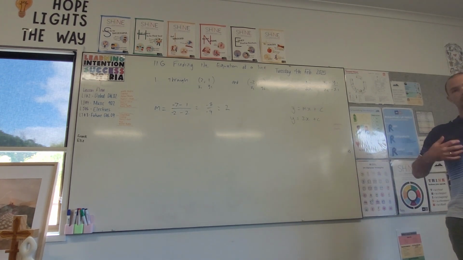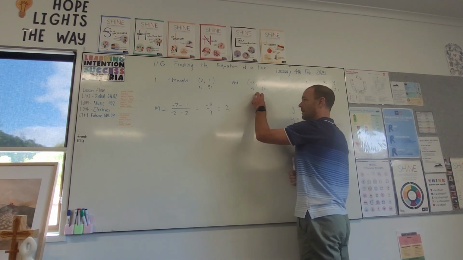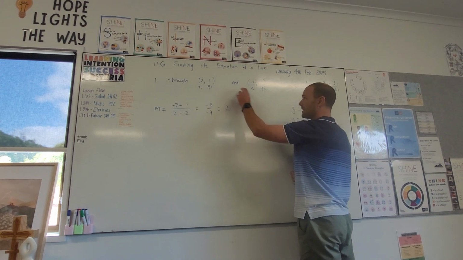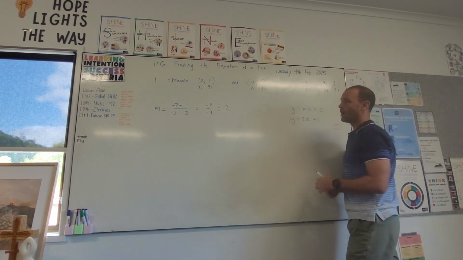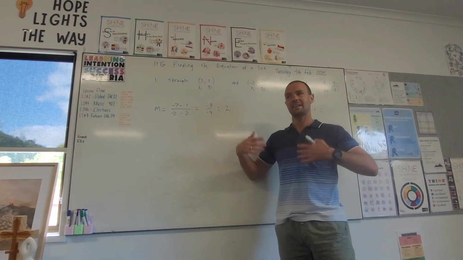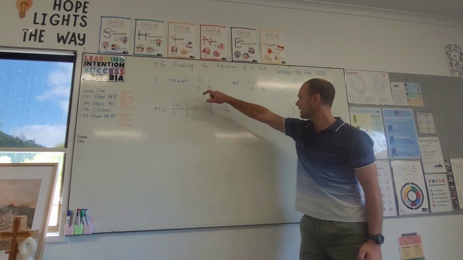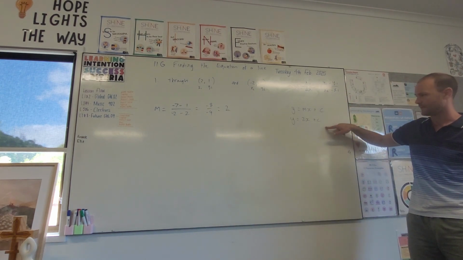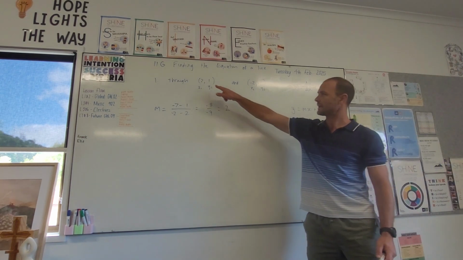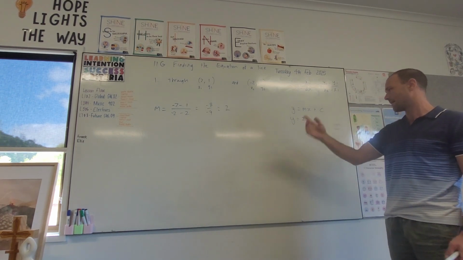Step 2 is to now substitute either of these coordinates. It doesn't matter which one we choose. I'm going to choose this one because there's no negatives involved. As soon as you introduce negatives, it can complicate things a little bit. So we're going to substitute this coordinate into this line that we have here. When x is 2, y is 1. The line passes through that point.